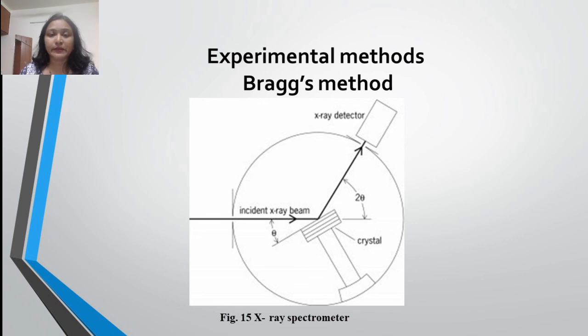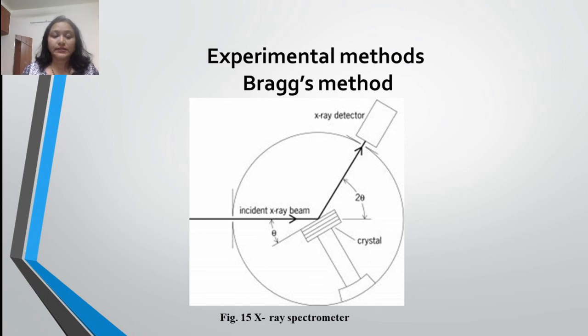This first experimental method is Bragg's method, which he used to determine the structure of the crystal. Here an X-ray spectrometer is used, from which the X-ray beam is generated, and it is focused on a single crystal of the given material that is mounted on a circular turntable.